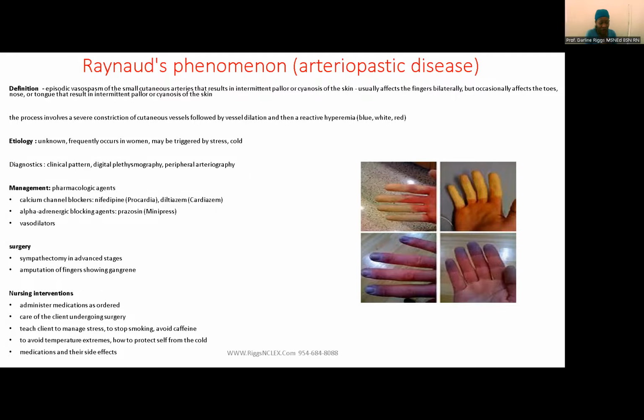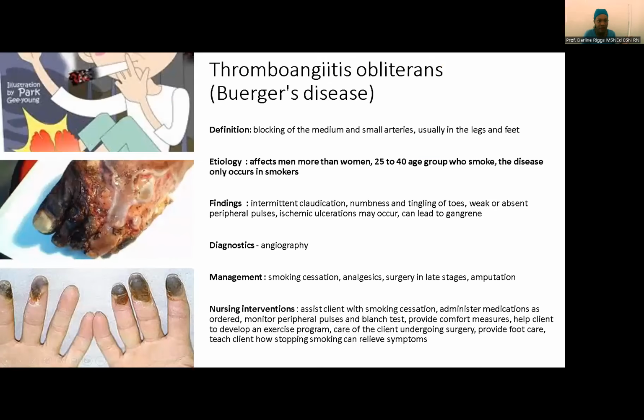And if it's bad to where there's gangrene, it's an amputation. That's the answer for that. Once we're hitting gangrene, dead, it's an amputation. Okay. And clients that smoke or have excessive caffeine or extreme temperatures, that's all teaching, right? We're going to teach them no more of that.